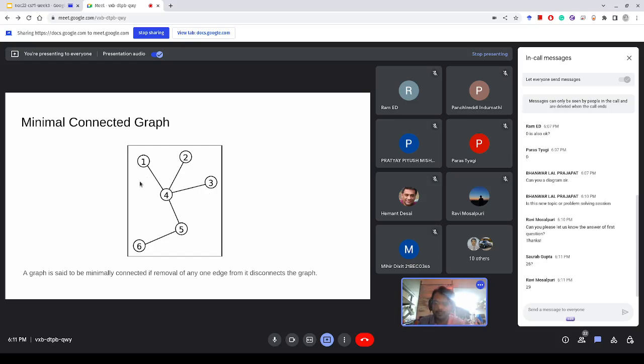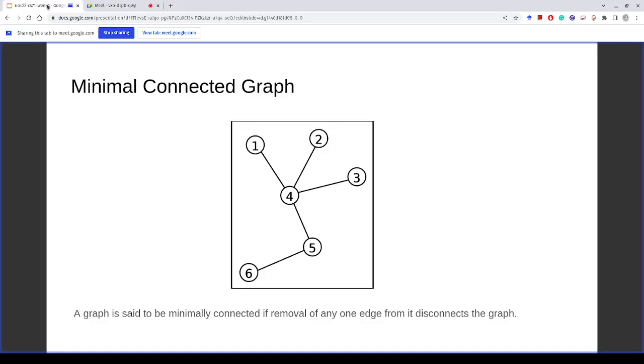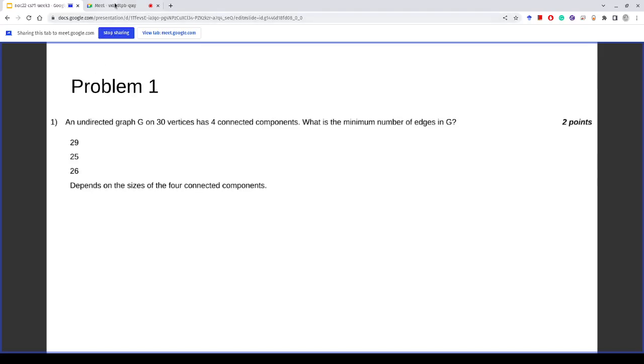You get it? So we have 6 vertices here, and to make the graph connected, we need at minimum 5 edges in the graph. Now in the question, you are given that the number of vertices is 30.